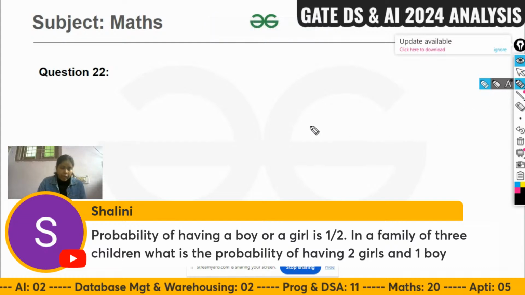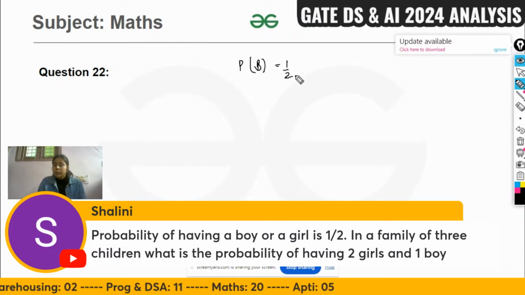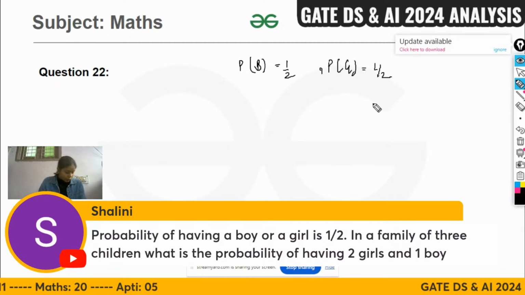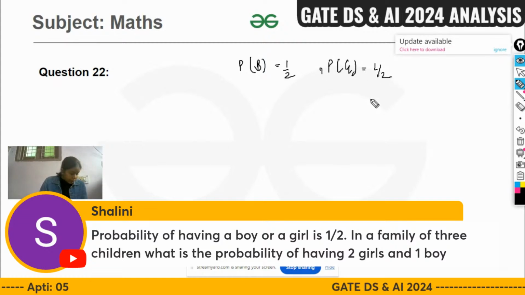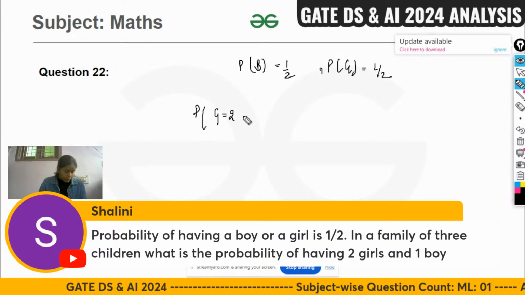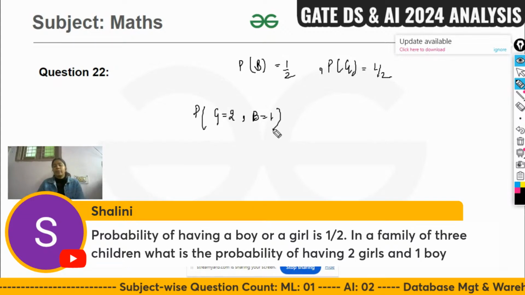So that means probability of boy is 1 by 2 and probability of girl is 1 by 2, right? And in a family of 3 children, what is the probability that they have 2 girls and 1 boy, right? So what would be the probabilities?